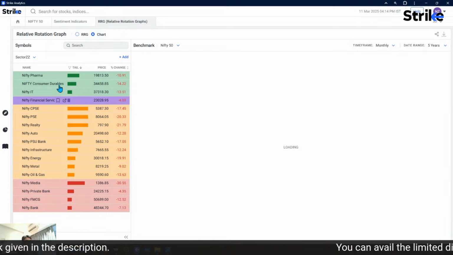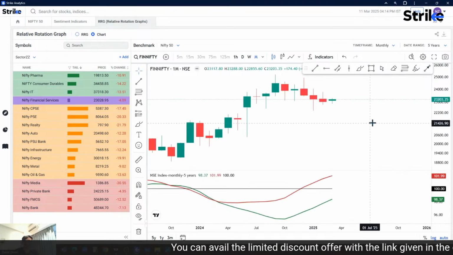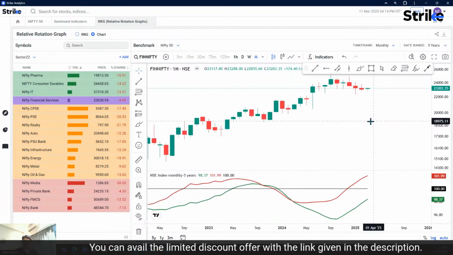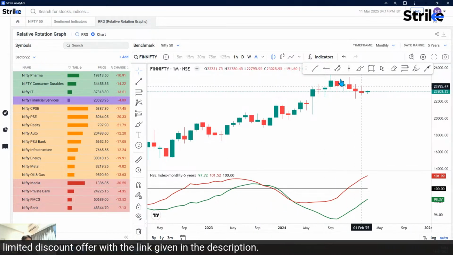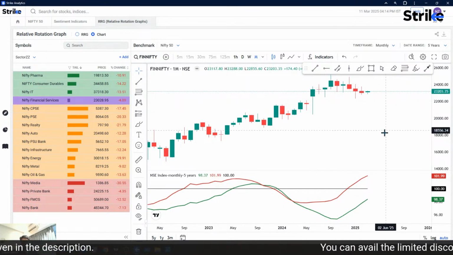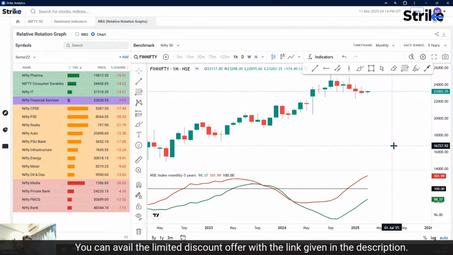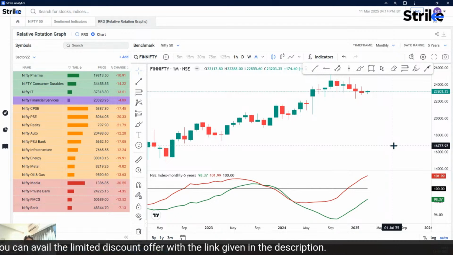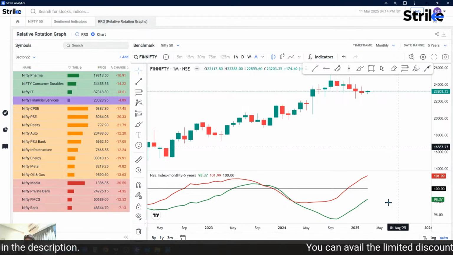If you click on financial services and look at the chart, you can check that Financial Nifty has not fallen much, but PSU banking stocks have fallen to a great extent. So if a switch was made in the month of October or November from PSU banks to financial services stocks, the investor would have benefited from it. Are you understanding? All right.